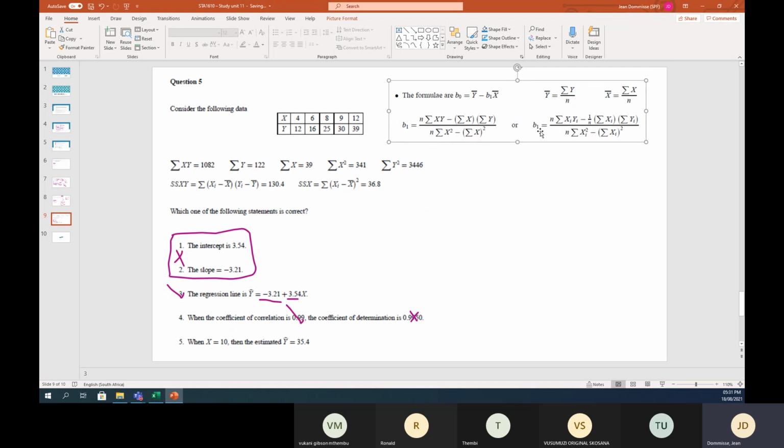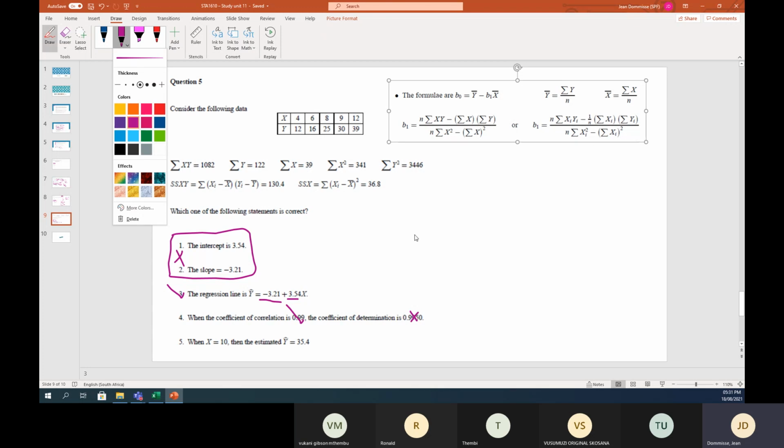Okay, so if we had the same question, they didn't give us the data, they only gave us this part of the information. So let's see what we need to do.